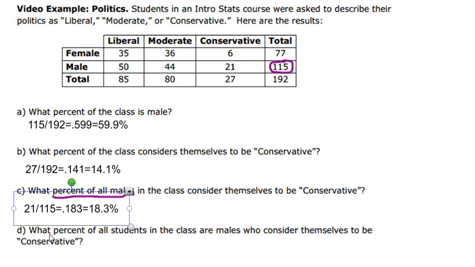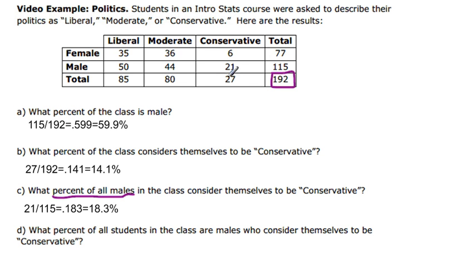D, what percent of all students in the class are males who consider themselves to be conservative? So this one again goes back to the percent of all students, so we're going to look out of 192. But they specifically say out of all students, what percent are males who are conservative?